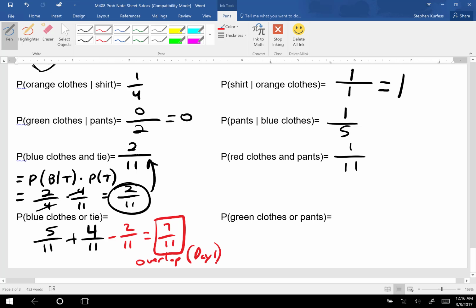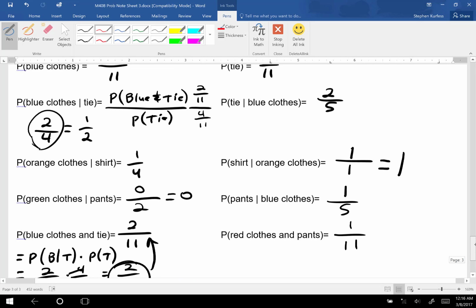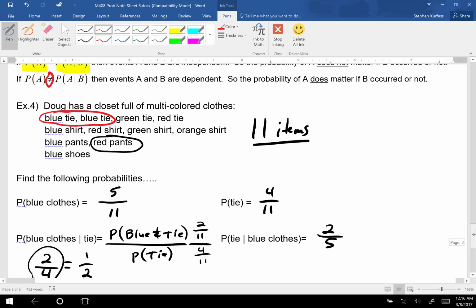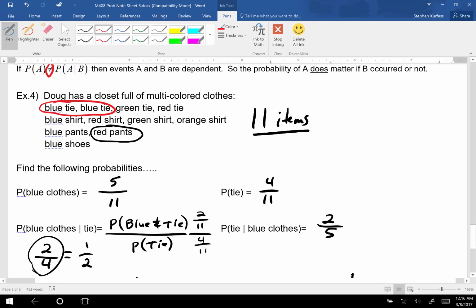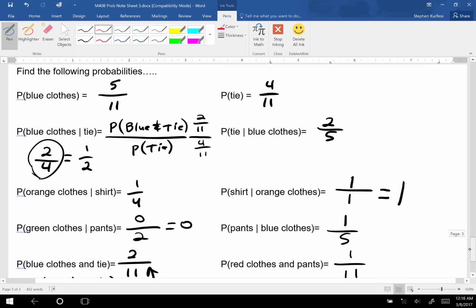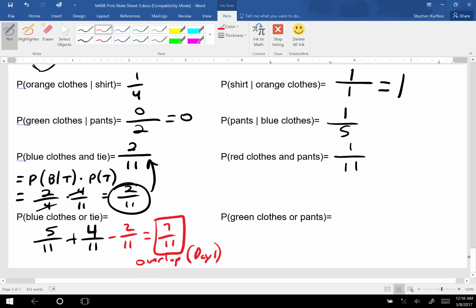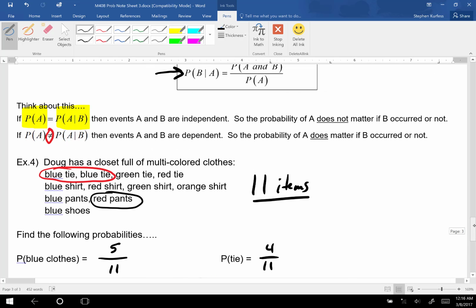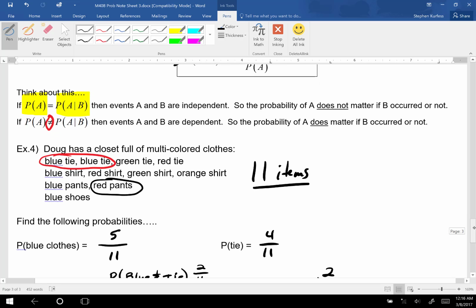Okay, so another one. Probability of green clothes or pants. So first of all, let's count the number of green. If I count the number of green, there's a green tie, a green shirt, and that's it. So it's 2 out of 11. Okay, so 2 over 11 plus pants. Probability of picking pants, there are 2 pants, a blue and red.